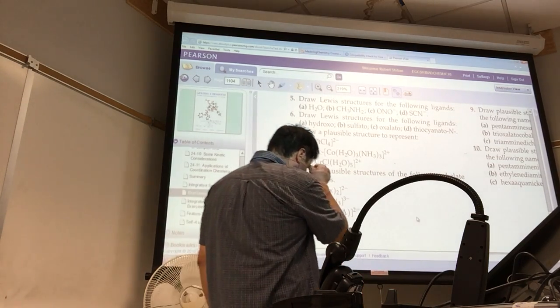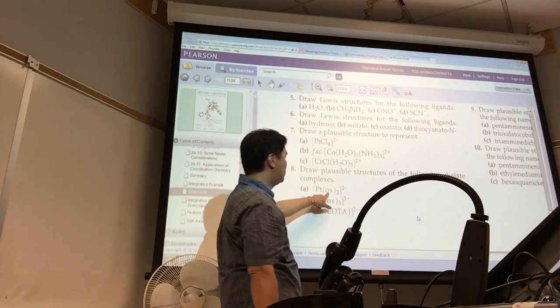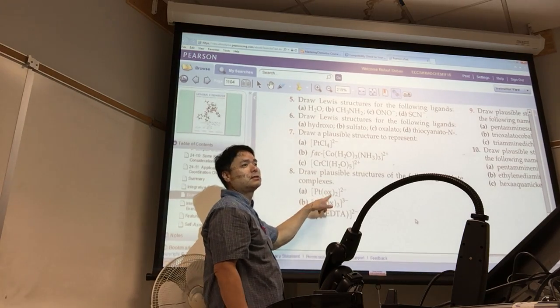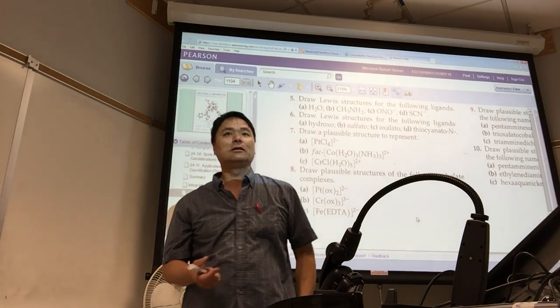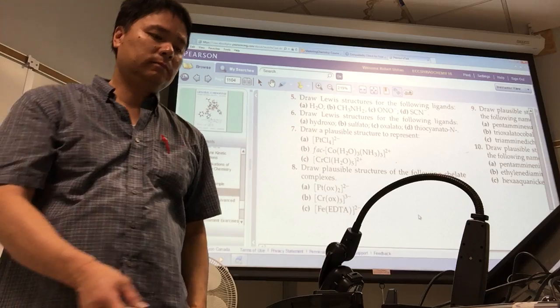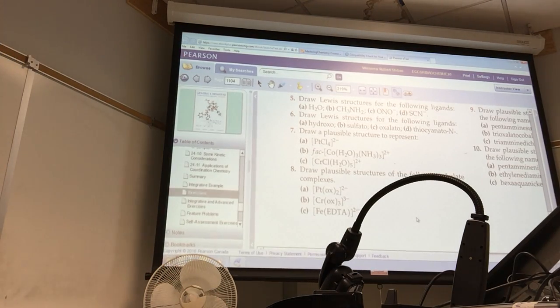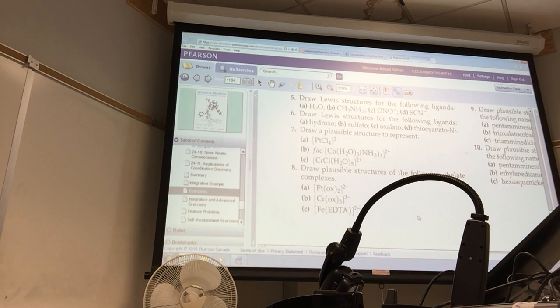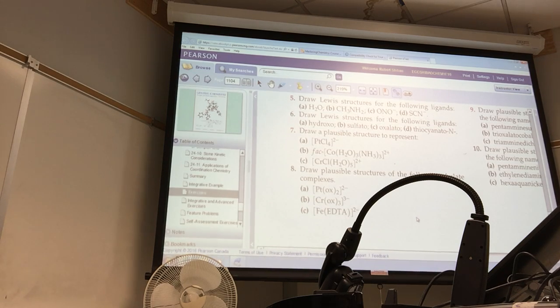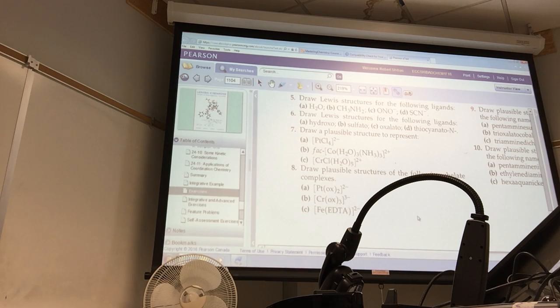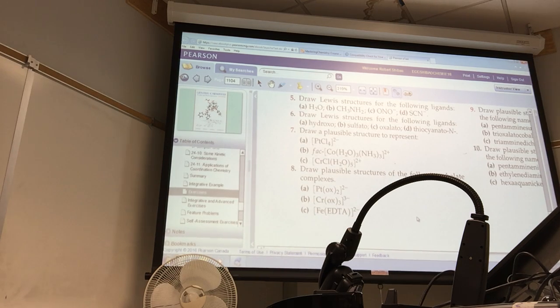Sometimes we use abbreviations. Oxalate is C2O4, and it's a very common ligand. Oxalate's somewhat hazardous because, if you consume it, it's not generally regarded as safe, because oxalate is what we call a chelating agent. A chelating agent is a bidentate or higher ligand.